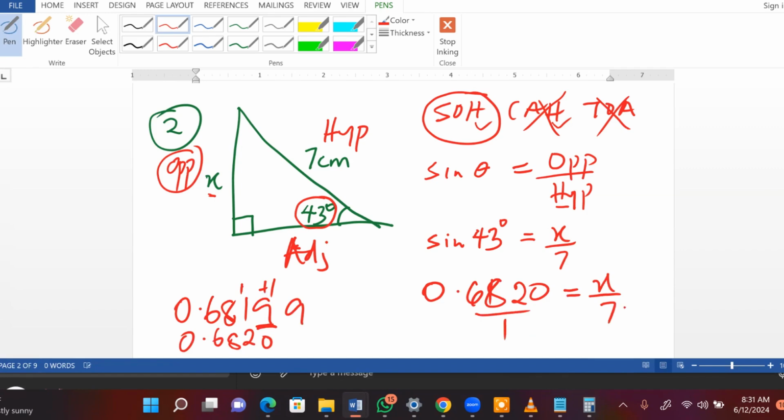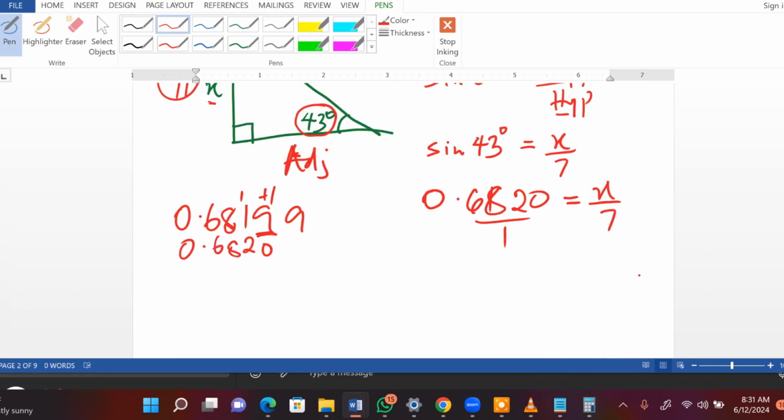So the next thing to do, we want to cancel out the fraction. So we'll multiply both sides by 7. In that case, this 7 cancels 7. Then x equals 7 multiplied by 0.6820.